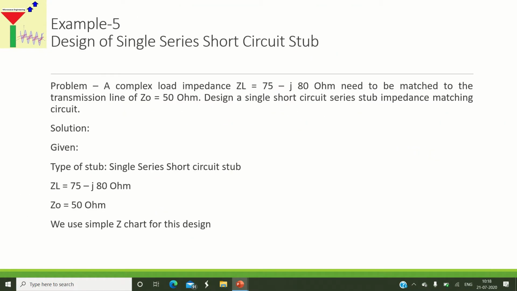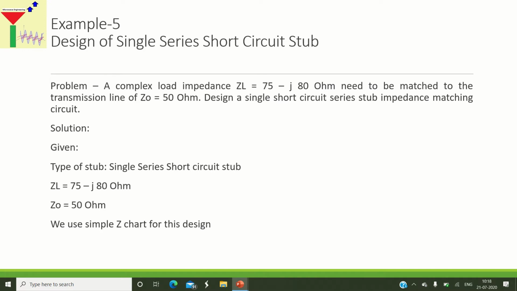I hope you are fully equipped with your brand new Smith chart and the drawing instruments, including your compass, ruler, pencil, colored pen or sketch pen if you want to use it. First of all, we need to write what the given things are. We want to design a series single short circuit stub. That means we need to deal with impedances, please remember.